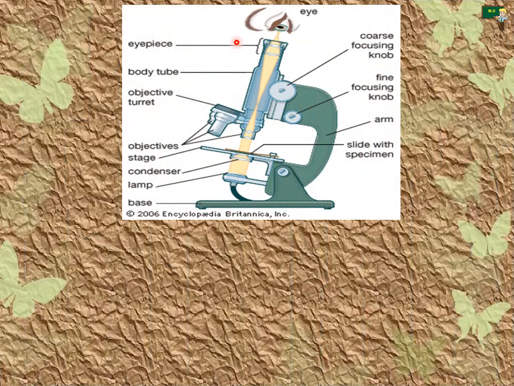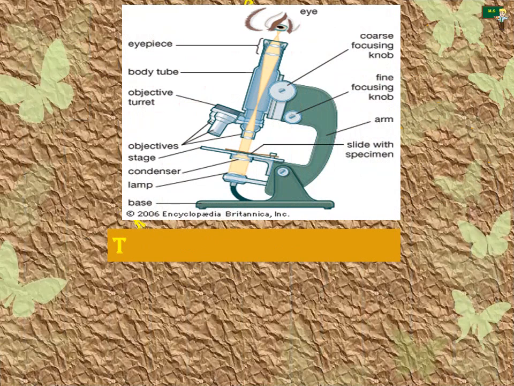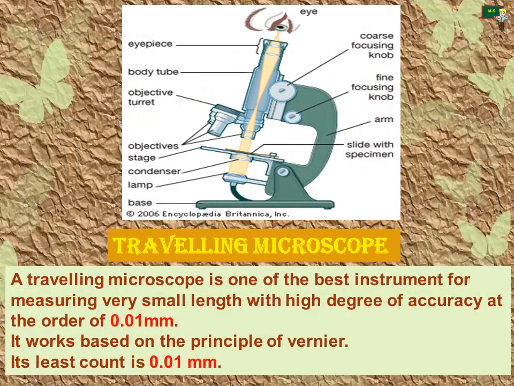You can see a compound microscope here. This is the eyepiece, this is the body tube, this is the objective turret, and this is where you can place the objectives. Then the stage, the condenser lamp, and a slide with the specimen, and this is the fine focusing knob, which you can use for fine focusing.